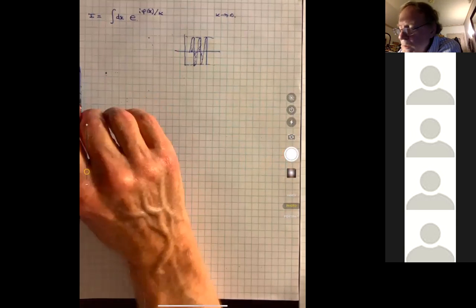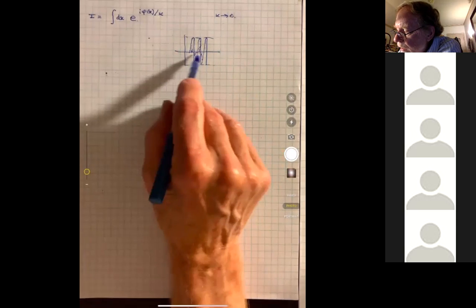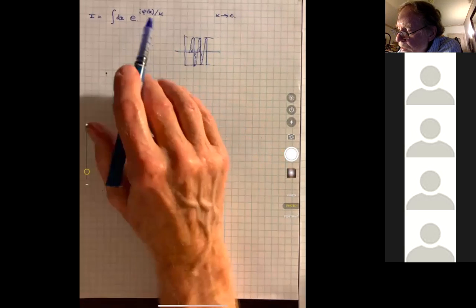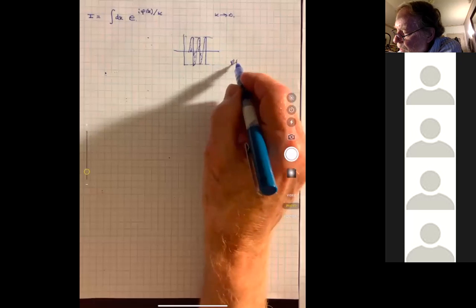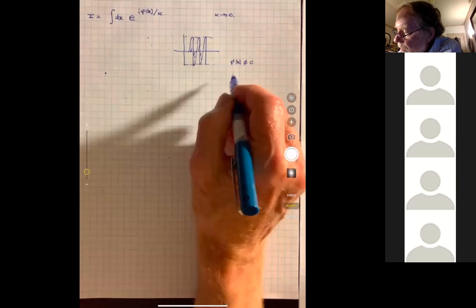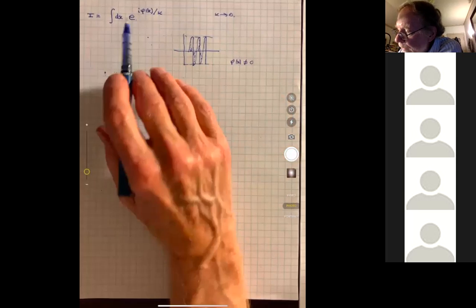Now, on the other hand, this picture that I've drawn here with canceling neighboring lobes works best when phi of x has a non-zero derivative. In other words, phi prime of x is non-zero, because it means that a small change in x corresponds to a first order change in phi.